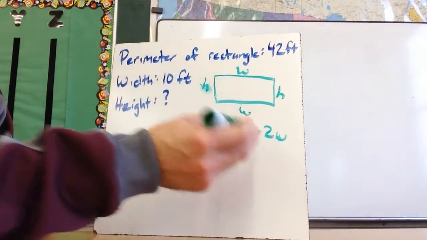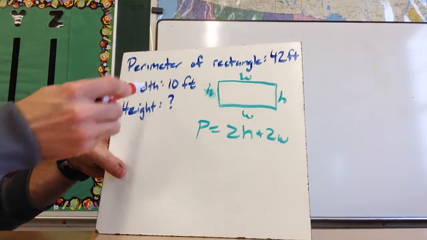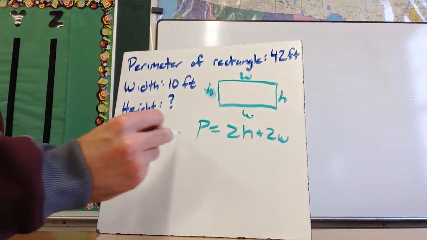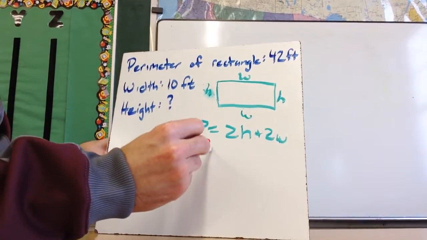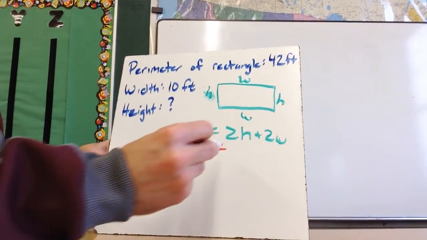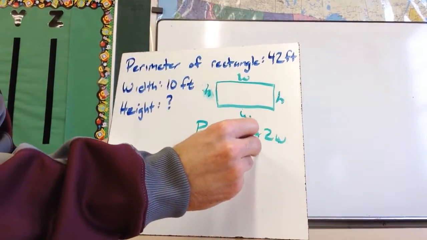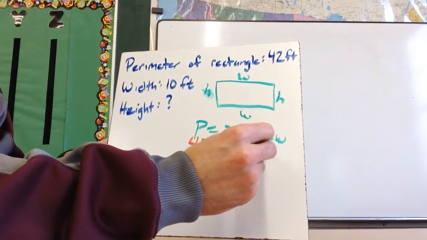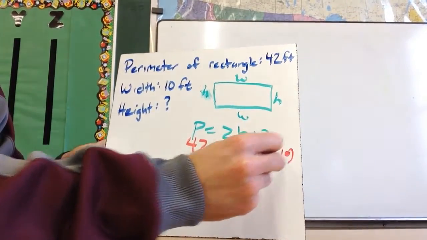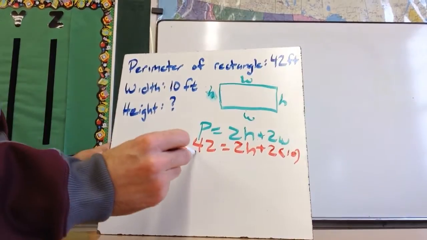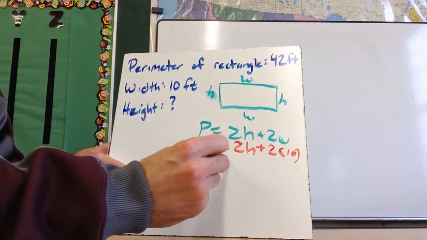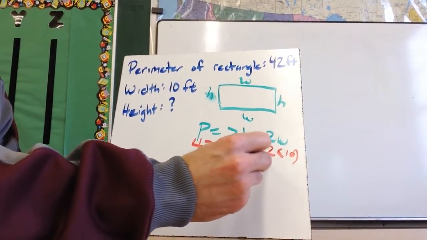So now what I'm going to do is, I know the perimeter, which is 42, so I know that P is 42. I don't know the height, but I know the width is 10, so that's 2 times h plus 2 times 10. When I simplify this, this becomes 42 equals 2h plus 20.